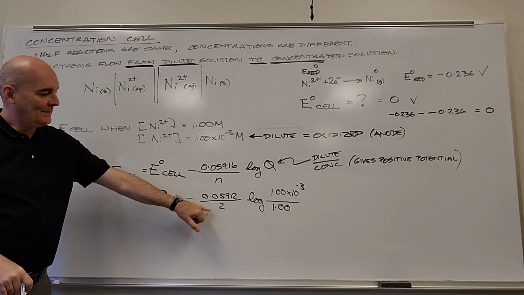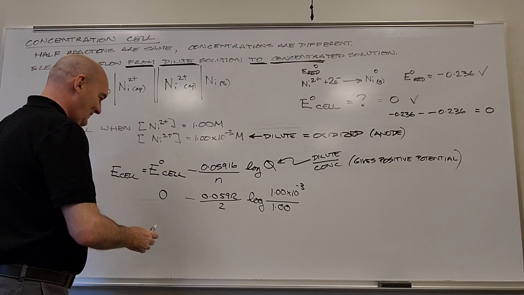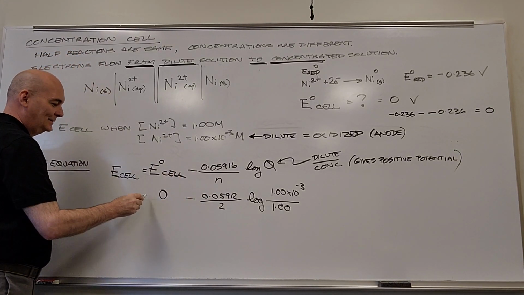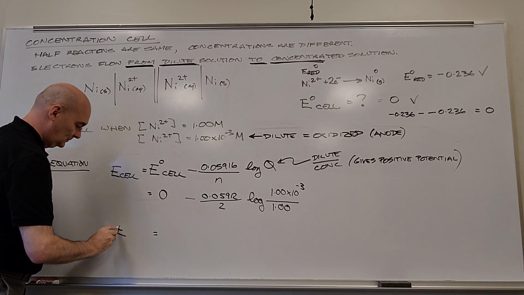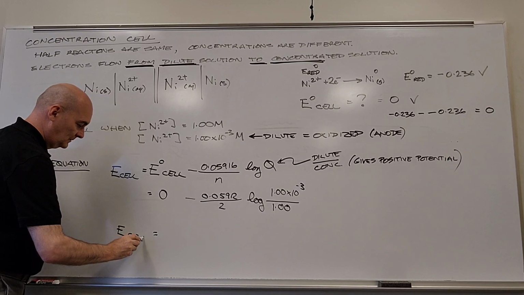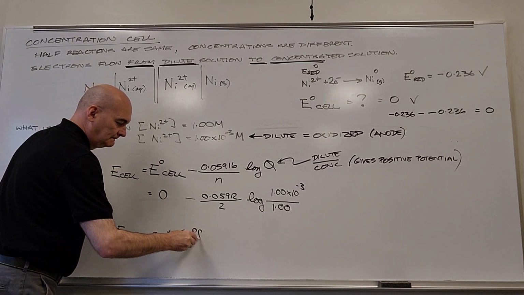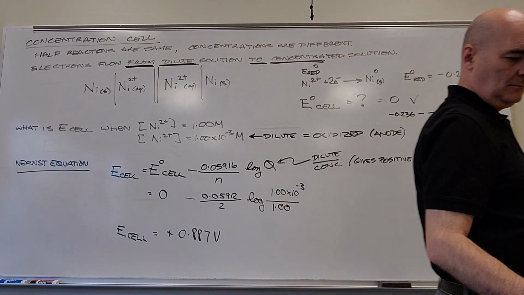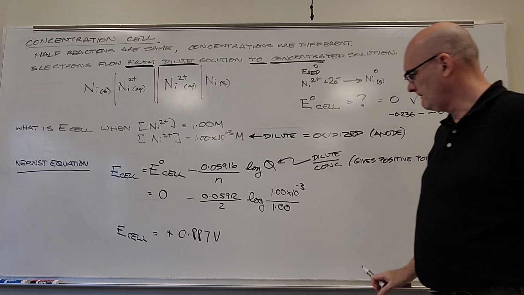Multiplied by that number divided by that number. And then subtract all of that negativeness from this 0. Positive 0.0887.